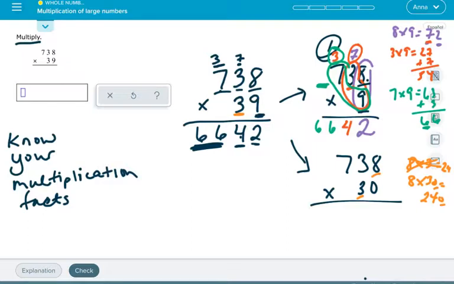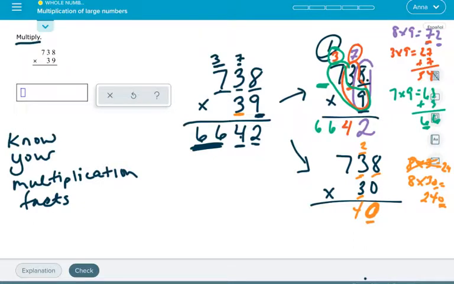So the way we treat this is that we automatically put that 0 here, to recognize that this isn't just a 3, this is a 30. I'm already addressing that 0 from the get-go, and now I can treat this as 8 times 3, which is 24, and we carry that 2 up. Then I do the same thing, 3 times 3. We know it's not a 3, we know it's a 30, but we've already addressed that by the shift with that 0 there.